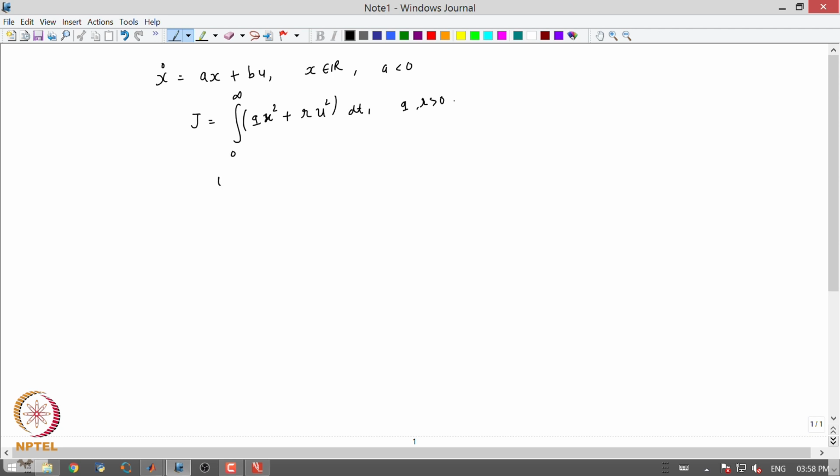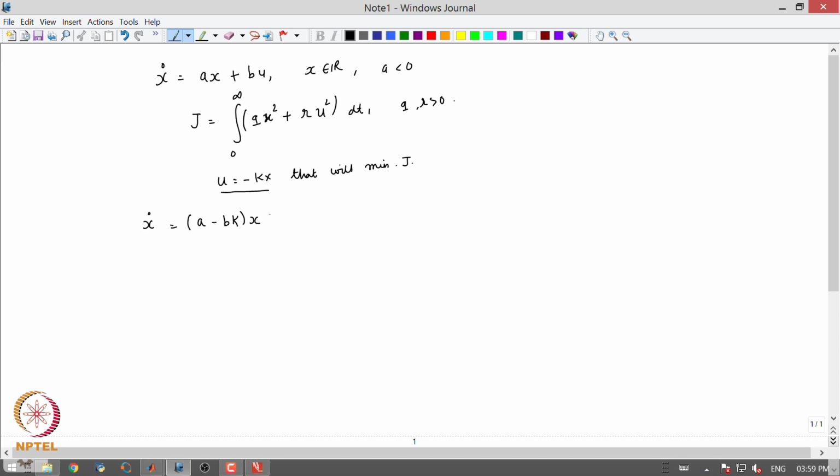Next is some control law of the form u equal to minus kx that will minimize the j. Okay. Now, let's do first step by step and then relate to the general theory that we have derived earlier. So with the application of this control law, x dot will be a minus bk times x.